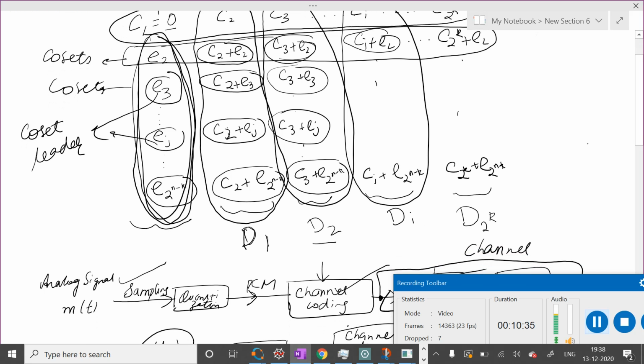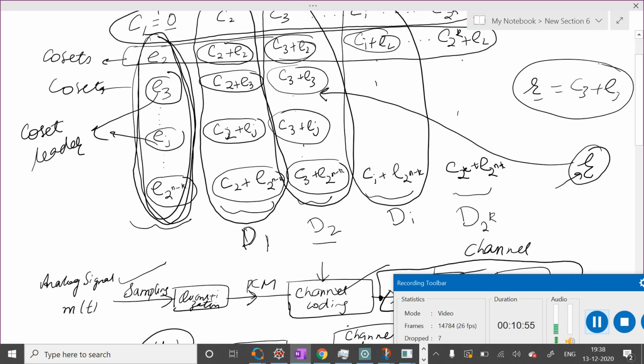Now, you have to check R. When you receive the vector, you will see to which set it belongs, and declare that. Suppose R is equal to C3 plus E3. Then it means that error pattern E3 was responsible.